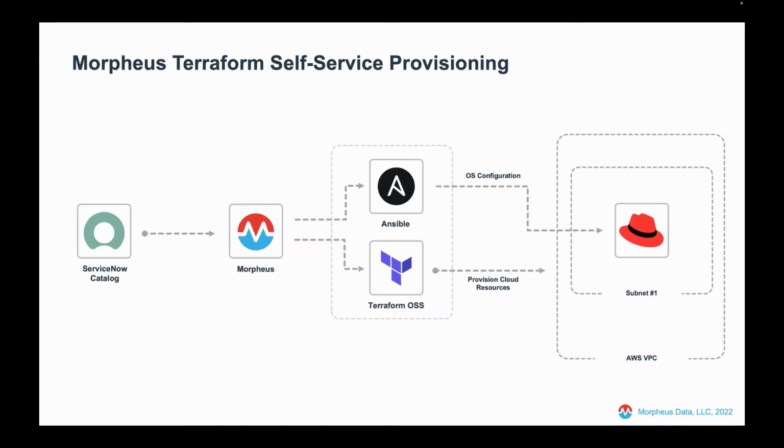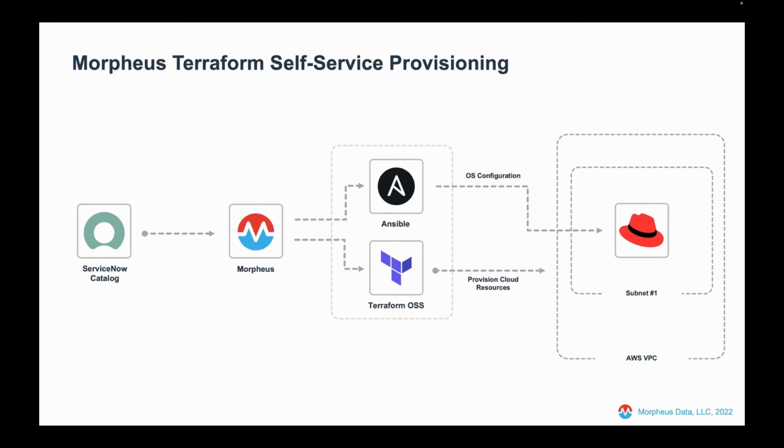What we see here is utilizing ServiceNow as the front end. That's a common pattern that we see from a lot of our customers and conversations around consumption of Terraform at enterprise scale. ServiceNow is the front end portal to the given environment, with all IT requests going through ServiceNow. In our case, we leverage the Morpheus platform for the orchestration component, really delivering that self-service capability.